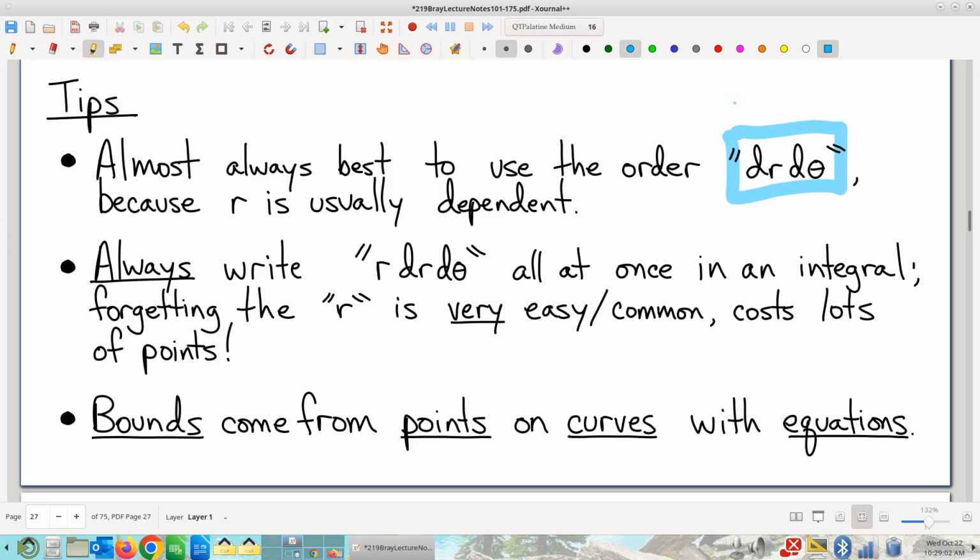There are many situations where it doesn't matter and you can do either one equally conveniently, but there are many, many situations where it's strongly preferable to put the dr on the inside, because r tends to be a function of theta, more so than vice versa. Overwhelmingly often, this is at least as good as any other option, so we might as well just do it always.